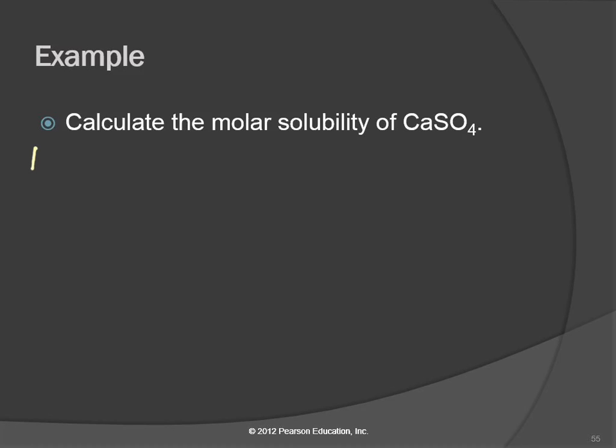So we looked up KSP for this compound. Now what we need to do is write the equilibrium expression here showing how calcium sulfate dissolves and forms ions. Oops, that's a solid.